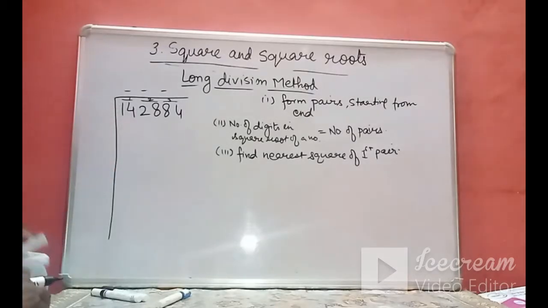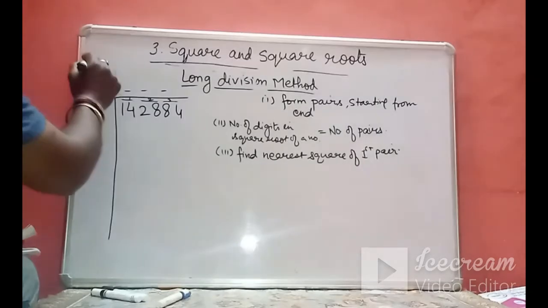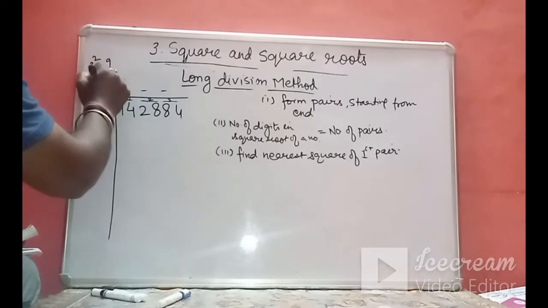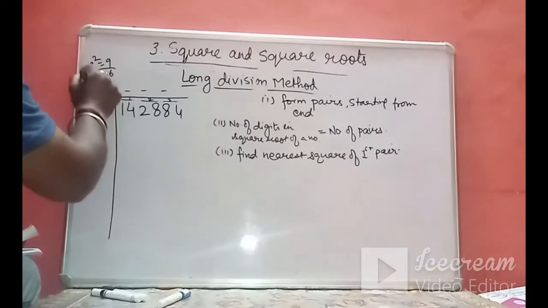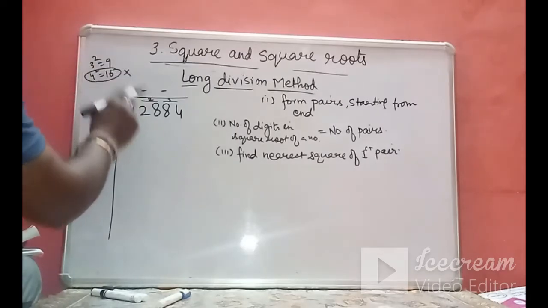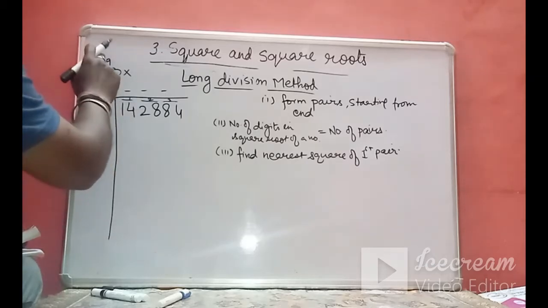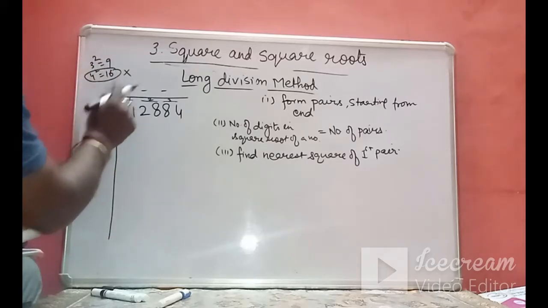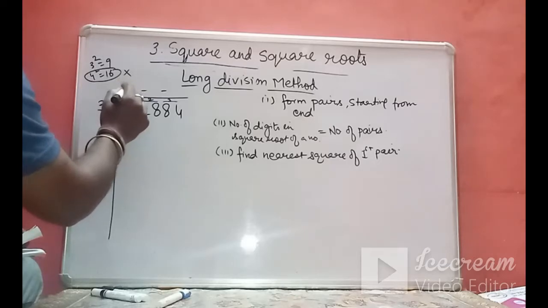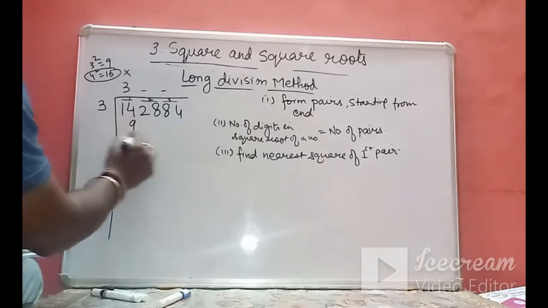We know that 3 square is 9 and 4 square is 16. We cannot take 4 because 16 is more than 14. So we will take 3, and here comes the first digit, 3 square, that is 9.